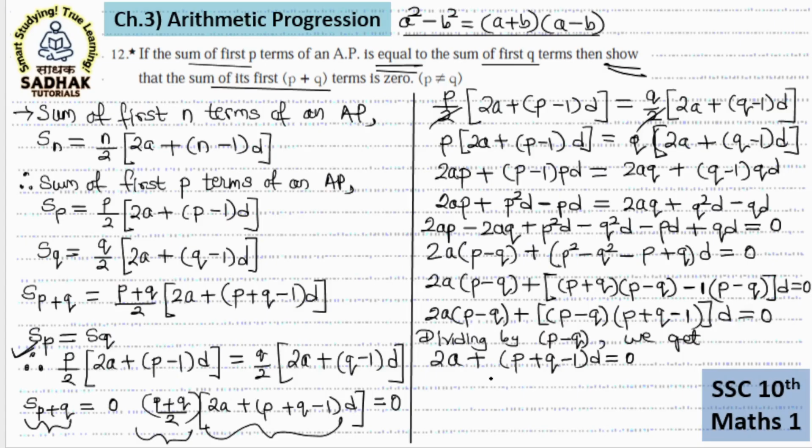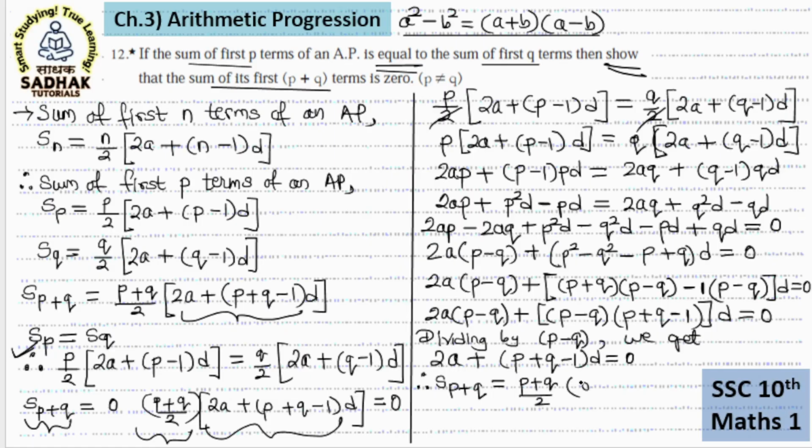Okay, so see this part, okay, is the same part, right? So we proved that that is equal to 0. Then if this is 0, therefore the sum of first p plus q numbers is equal to p plus q upon 2 multiplied by 0.